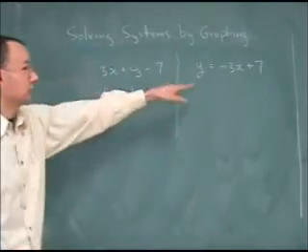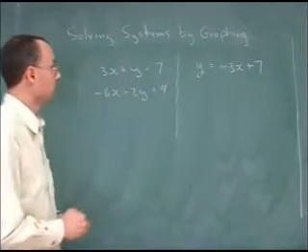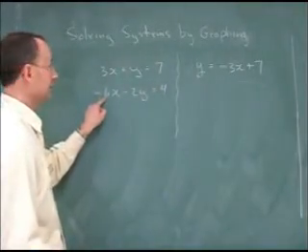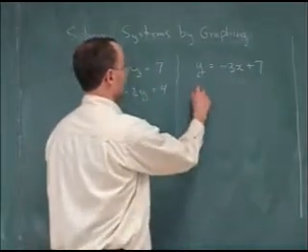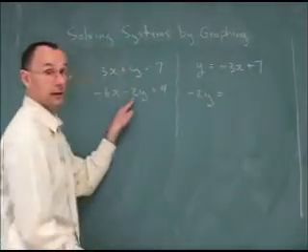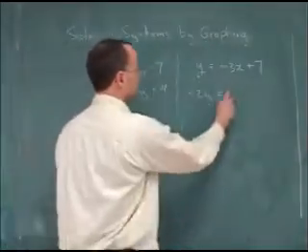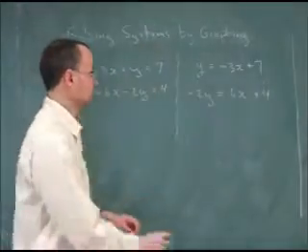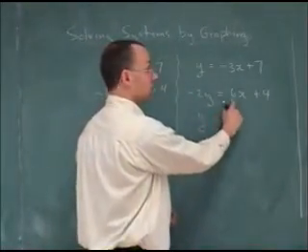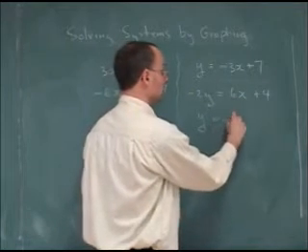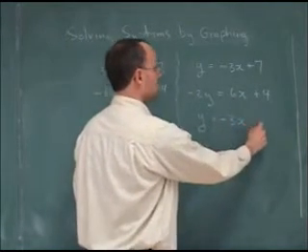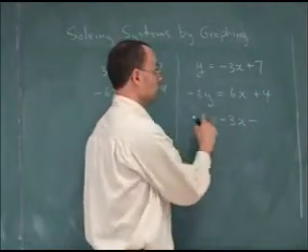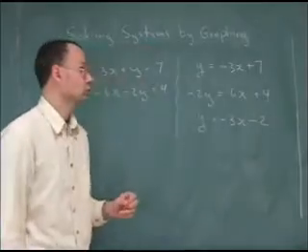We end up with y equals negative 3x plus 7. The bottom one will require a bit more work. So I'm going to bring over the 6x. Now that leaves me with a negative 2y on the left. This becomes positive 6x plus 4. And then divide by negative 2. So this is going to become 6 divided by negative 2 is negative 3x. And then, 4 divided by negative 2, so minus 2.